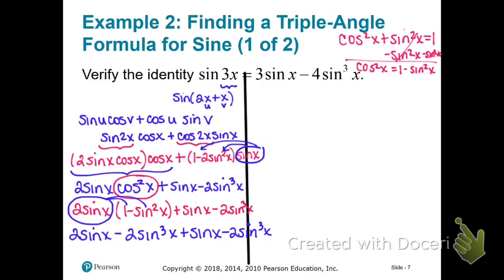Combine like terms. So let's see. We have sine of x plus sine of x, which is, it's like a puzzle, and then we got negative 2 sine cubed minus 2 sine cubed, which is, and look, isn't that what we were after?